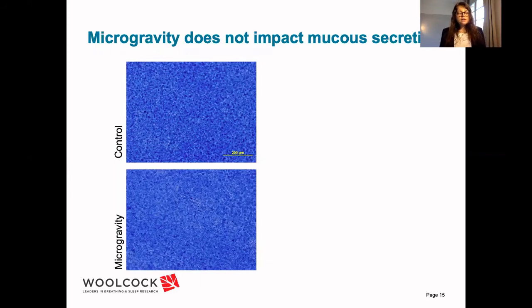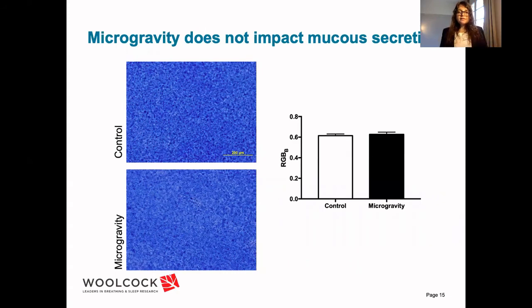So we use a stain known as Alcian blue, and Alcian blue stains the peptidoglycans present in mucus, and it gives you this blue intensity. So the idea is that the higher ratio of blue, or the more intense blue that you see, would be an indicator of greater differentiation, i.e. greater mucus secretion. And then if you had a lower intensity of blue, it would suggest lower differentiation.